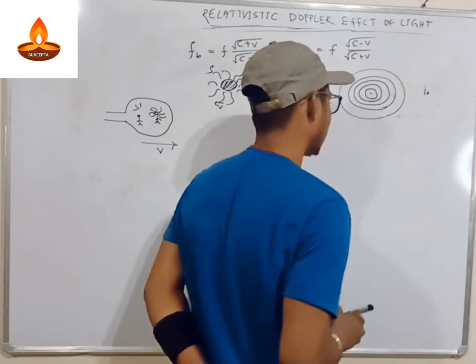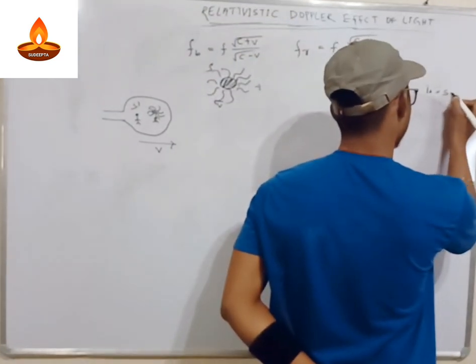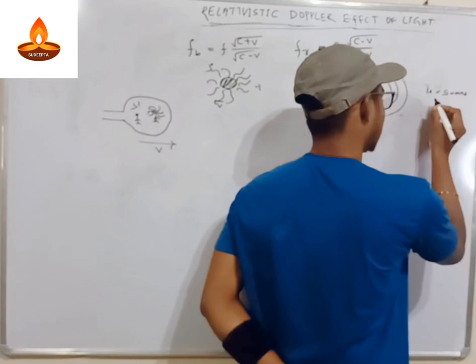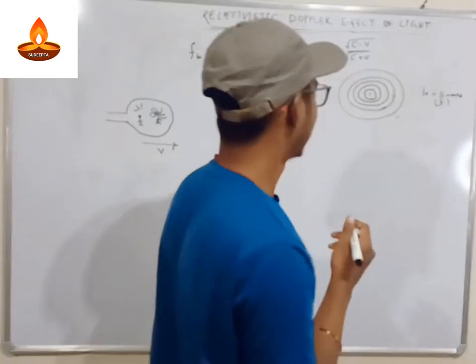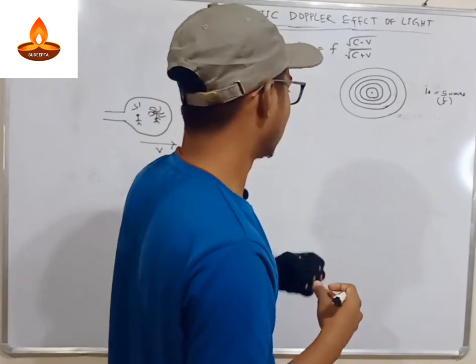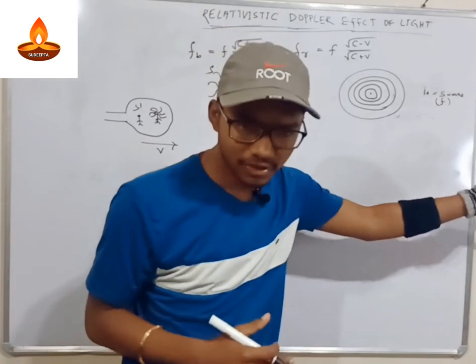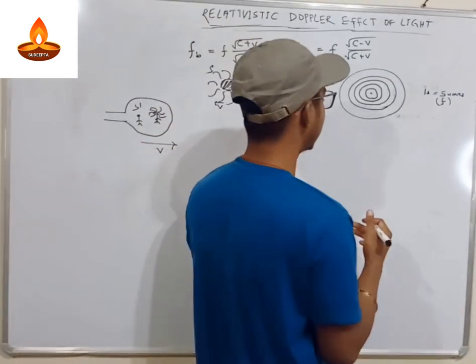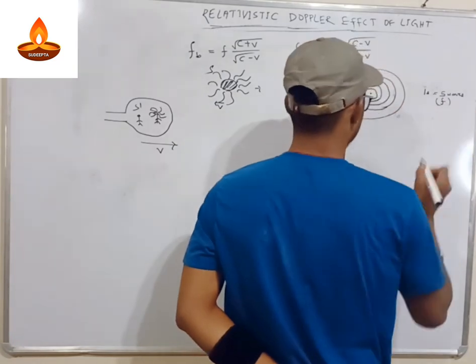So we are seeing that in 1 second it creates 5 waves. What does it mean? It is its frequency. In 1 second, the number of waves created by any source is known as its frequency. And in 1 second it is 5 waves.